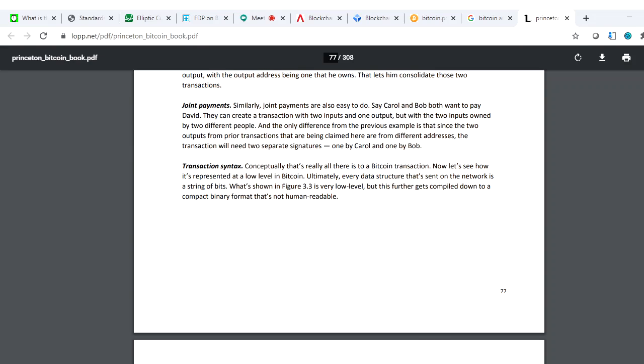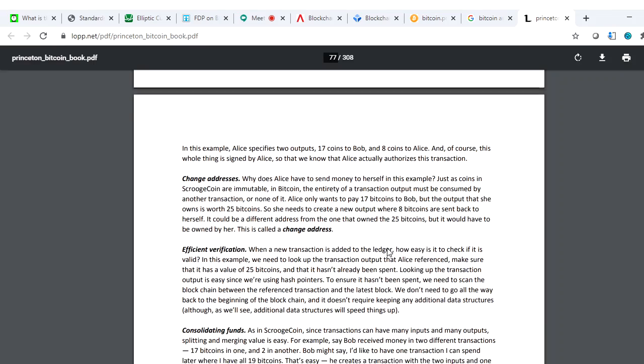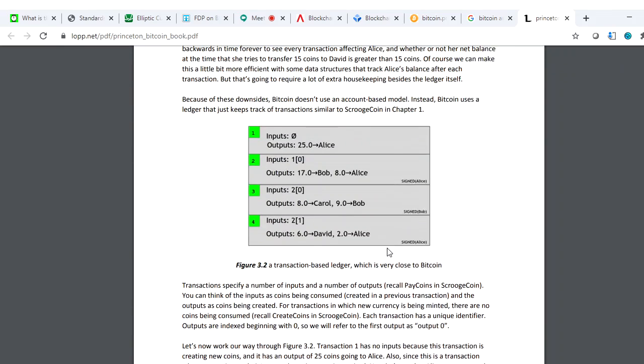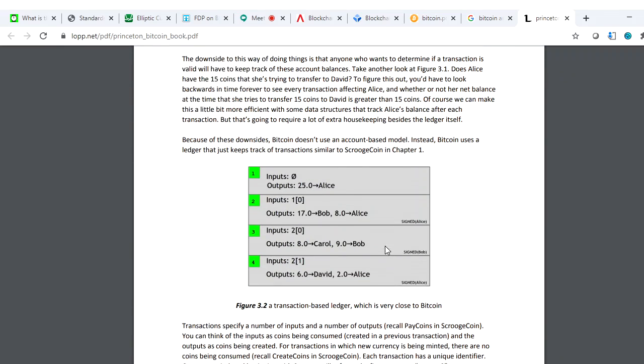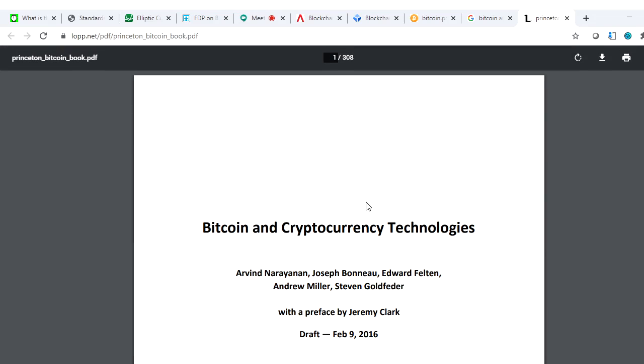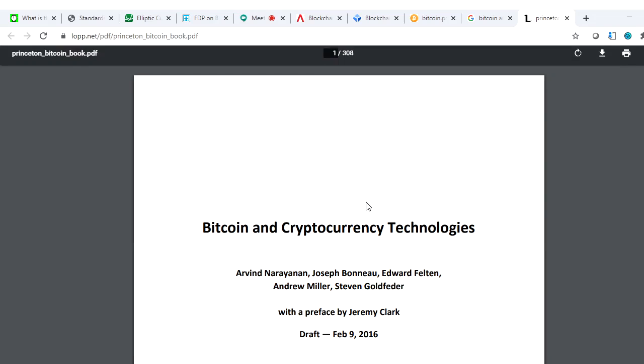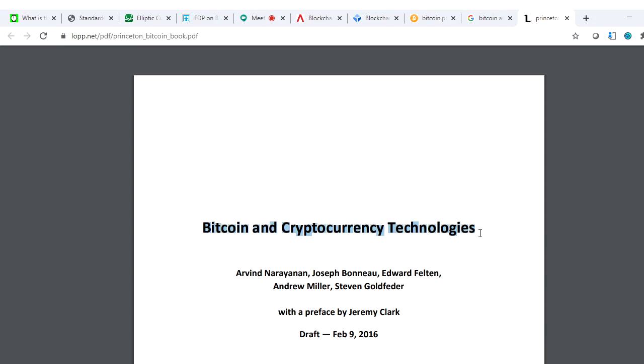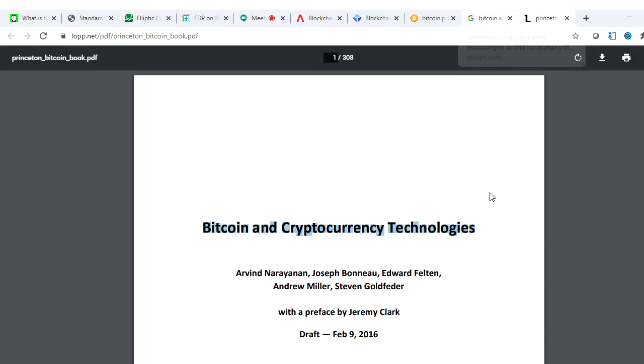The formula I am showing now was taken from this book only. So everyone, please note this book. Download this book. Arvind Narayanan, Bitcoin and Cryptocurrency Technologies. If you type this name, you will get a PDF on Google.